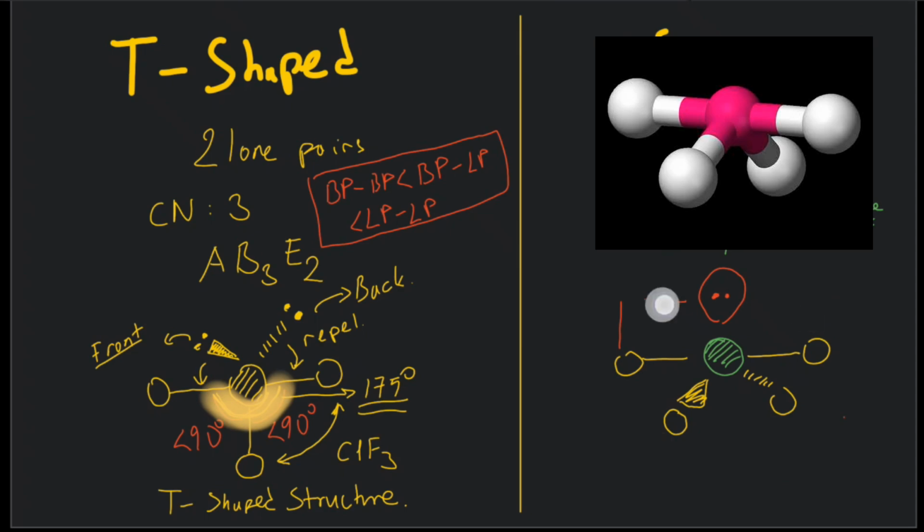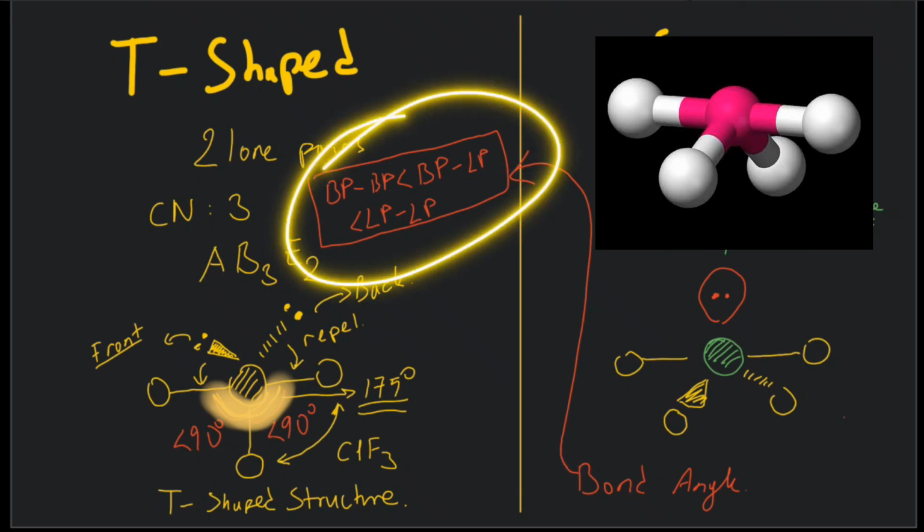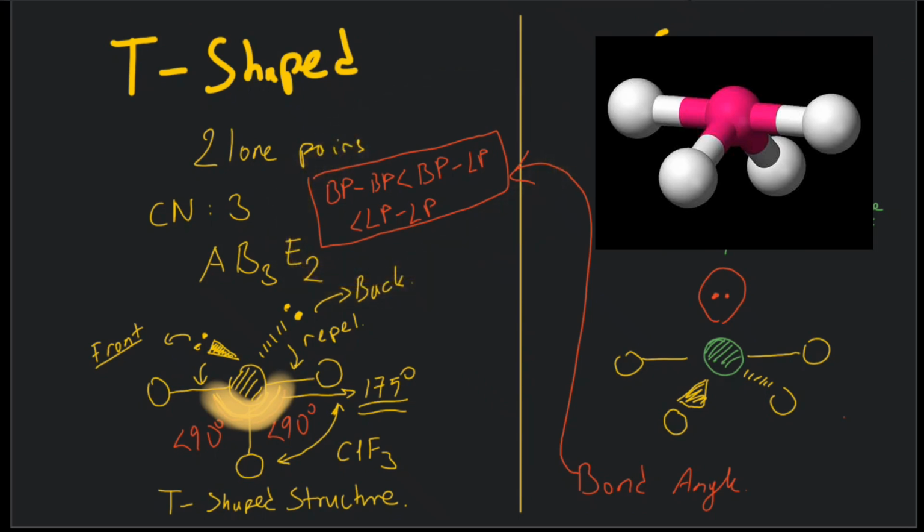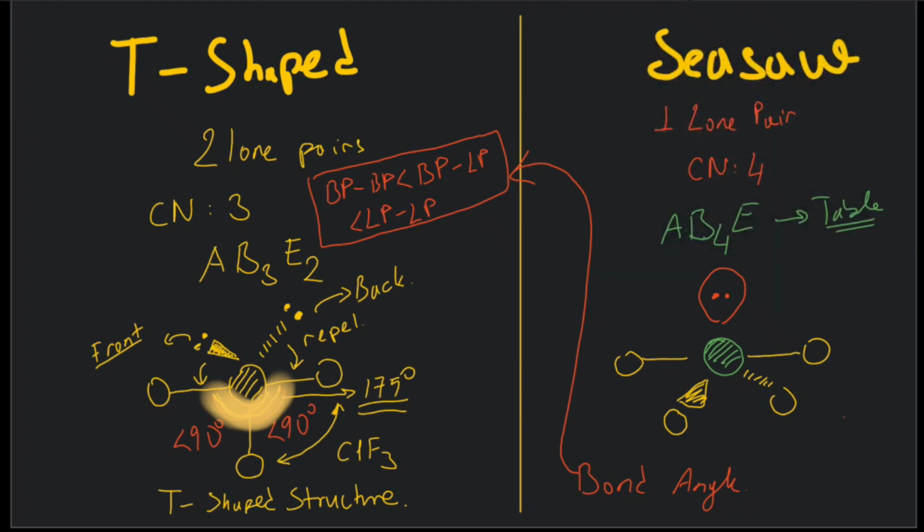So I can delete them. So this is the seesaw structure. But what is the bond angle? So to understand the bond angle, we need this information. If you don't know this information, then you might have some trouble in the exam. So bonding pair interaction is small, as I said, but the bonding pair lone pair interaction is stronger, so this angle and this angle are bigger than 90 degrees.